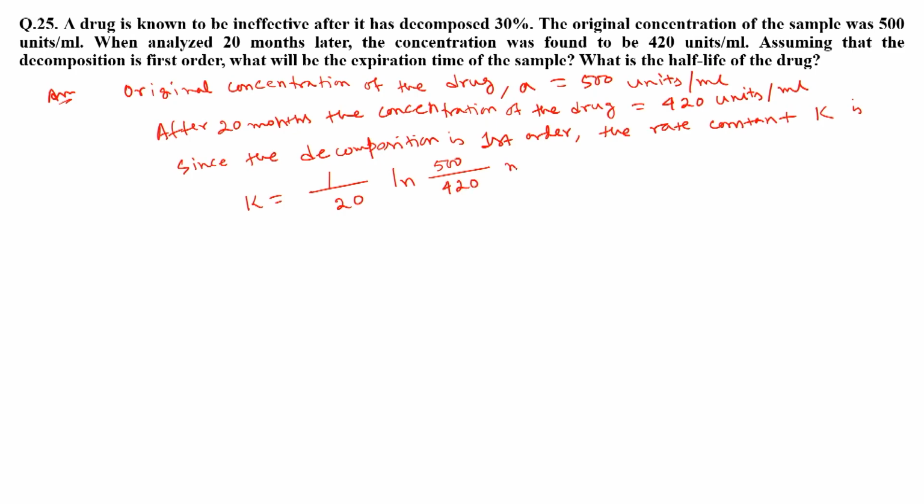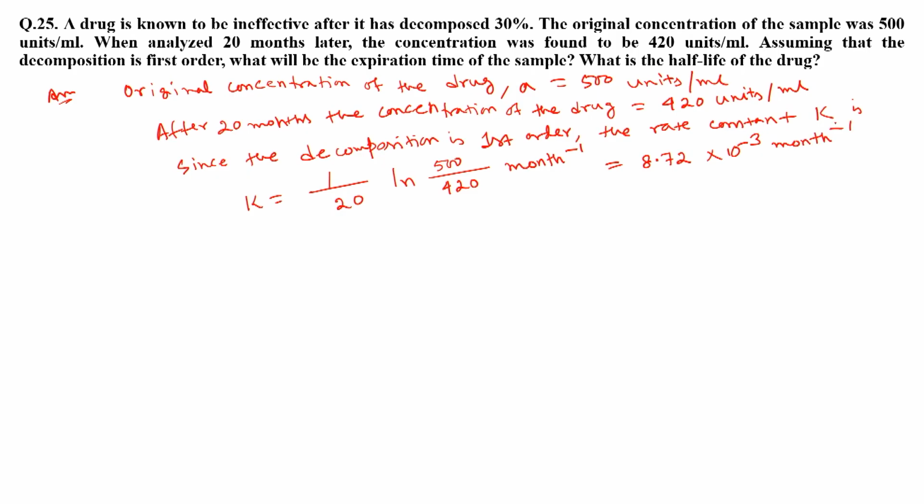This is in months inverse. So, if we calculate this, we get 8.72 times 10 to the minus 3 month inverse. So, this is the value of K.